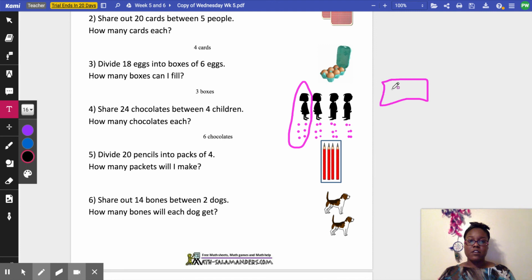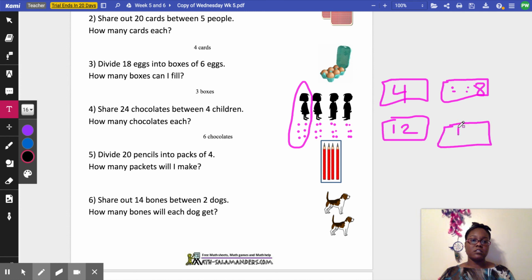So here's 4. If you can't count by 4s, you need to just draw dots. Okay, this next one is 8. The next one is 12. The next one is 16. And the last one is 20.